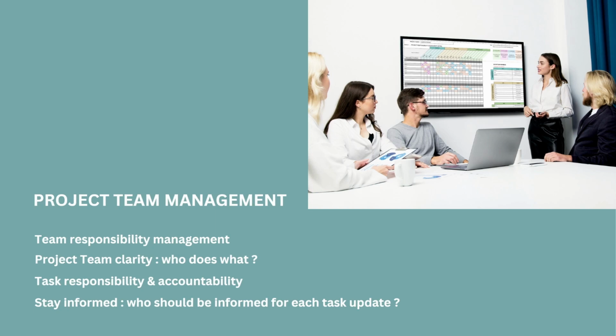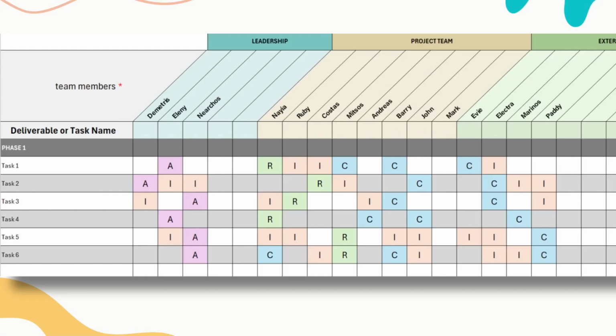To use the RACI Matrix method, it uses a very basic idea. All you need is a table, a matrix, and thus the RACI Matrix, where you have all your team members at the top, and they can be separated into leaders, project team, and external resources, and on the left rows you have all your task names.